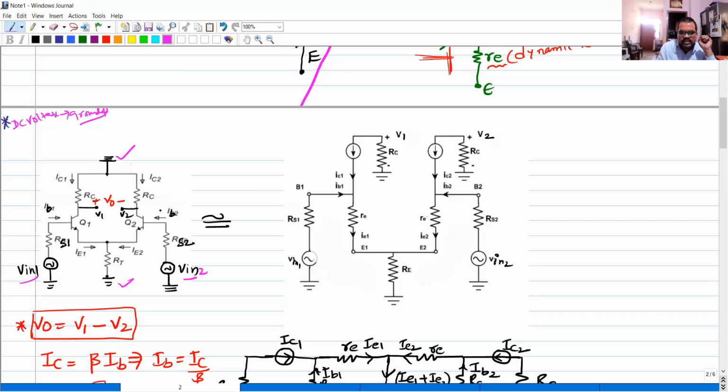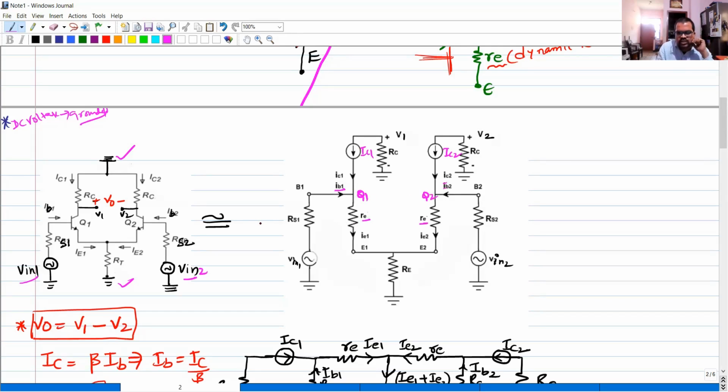Second case, I said each transistor Q1 as well as Q2 is arranged as a T model circuit. See here, this is my IB1, this is my IC1. Here, this is my IC2 and this is my IB2, right? And here resistance RE, dynamic resistance. This is Q1 transistor, I have replaced it here.